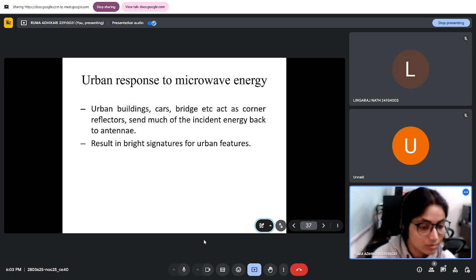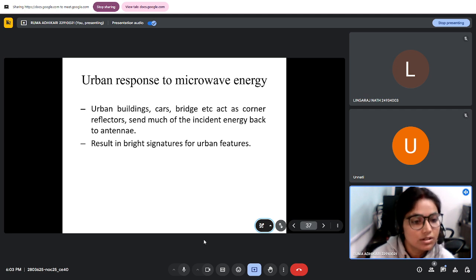These are also the electric poles. Our polarization property is very much influenced by very small structures and these electric poles, metal structures in urban areas. So all these together create a complex environment in urban areas, and we consider these types of features as corner reflectors.